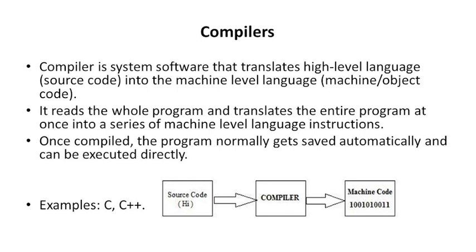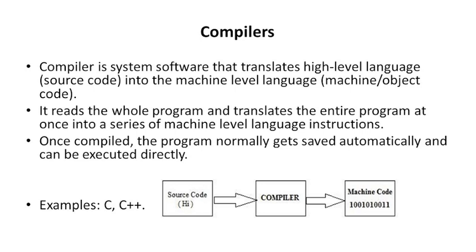Once it is compiled, meaning the translation to machine level instructions is done, the program normally gets saved automatically and can be executed directly. An example of this is C++.